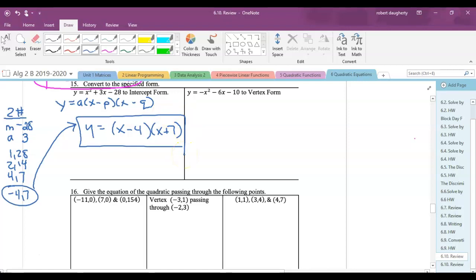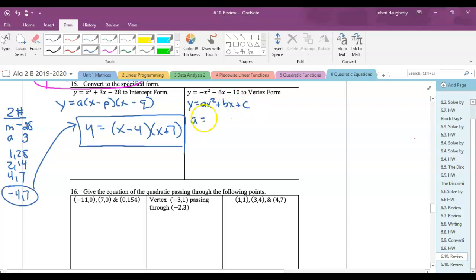Convert to vertex form. This is the one that's a little bit more involved. Converting to vertex form, we have a couple ways of doing this. The first way is I can find the vertex by looking at the axis of symmetry. So if you look at this, this is y equals ax squared plus bx plus c.